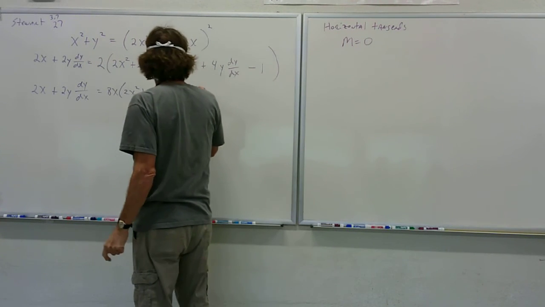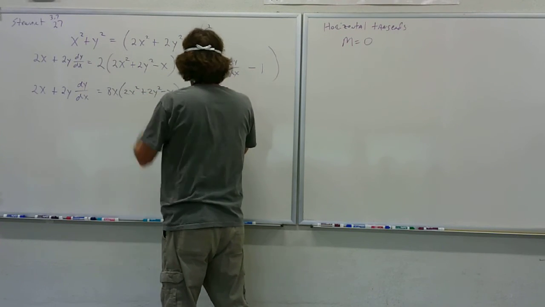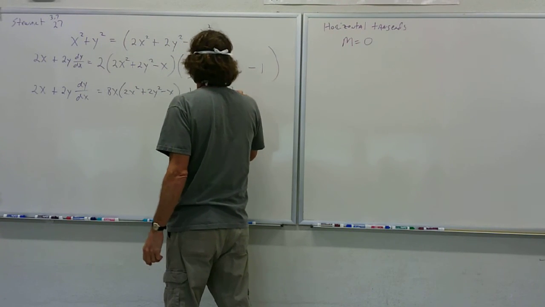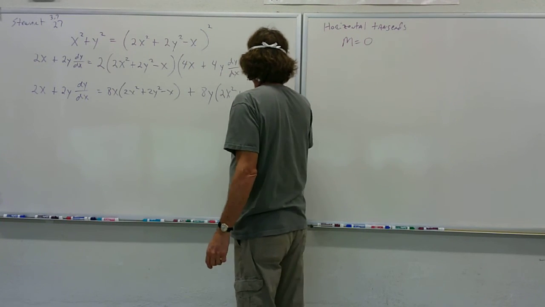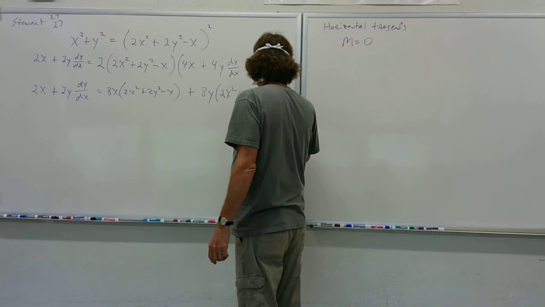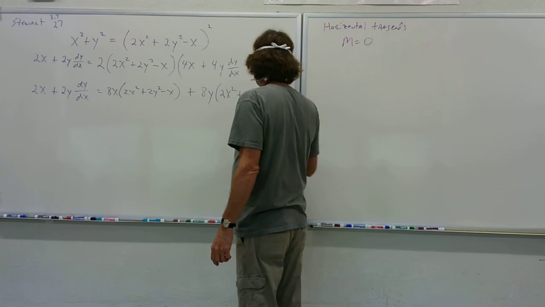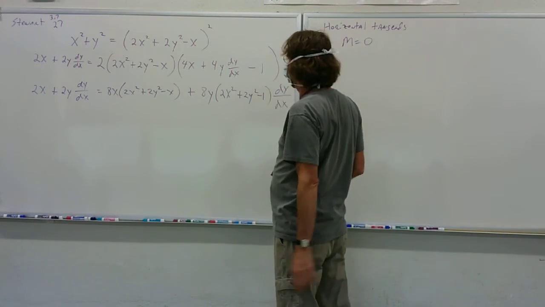So we'll get 8y. Then I'm going to write down all of that: 2x squared plus 2y squared minus 1. And I'm going to put my dy over dx out here on the end. All right? And then I'm going to multiply minus 1 times all that. So I'm going to get minus.